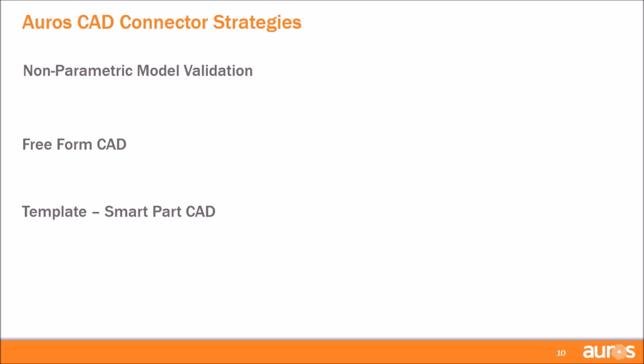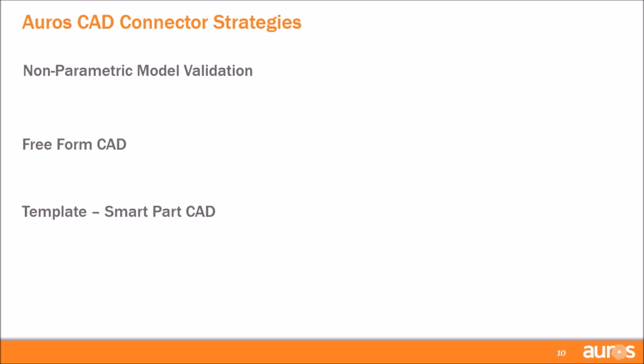Instead of using the smart part to send context to Auros, we're going to use Auros to send information into the smart part. So we're going to start with Auros first in this particular workflow, and then see how that workflow drives changes within the CAD model.